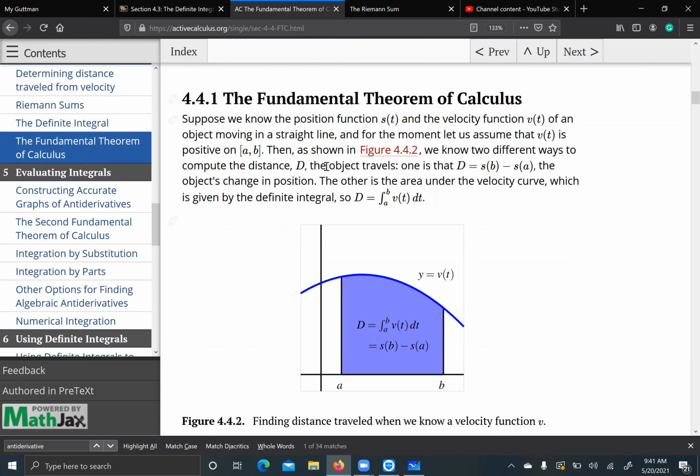But in our objective, let's say we are given the velocity function.